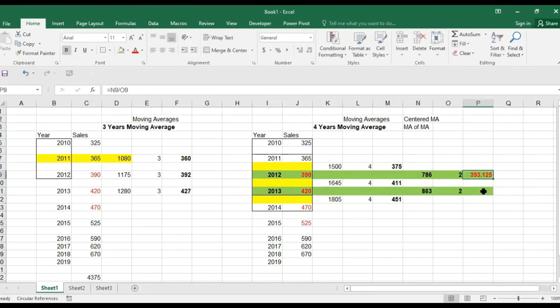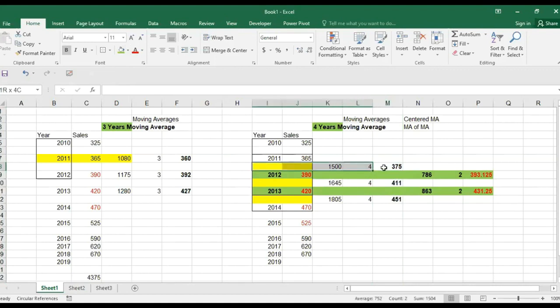So actually what I'm trying to explain is that when you have to do it with 3 years, you just need to do it in one step because it is an odd number. But when you do it for an even number, like 4 years or 2 years or 6 years, then your work becomes slightly more difficult because you have to do it in 2 steps. In step number 1, you calculate the moving average, which is here. But the problem is that the moving average is not in front of any particular year.